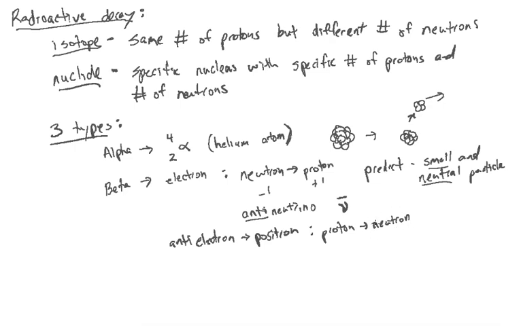And this would change your element as well, and it would drop it down one, because now you've lost a proton. So you'd look at your periodic table and you'd go down one in the number of protons to what the new element would be. And the same sort of thing has to apply here. There was still some of that missing momentum, and so there had to be another particle, and it turns out that particle was just the neutrino.